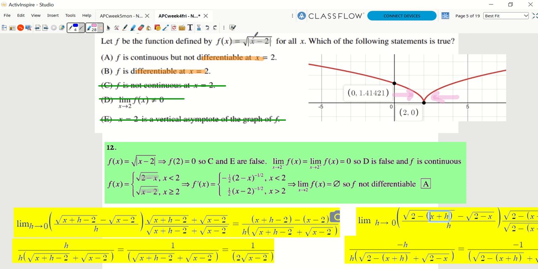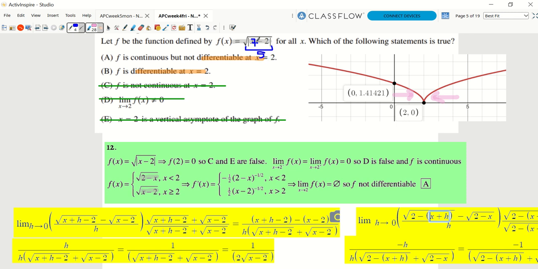Let's say I pick 6 here. 6 minus 2 is 4. Absolute value of 4 is 4, which is the same thing as doing a clean 6 minus 2 without an absolute value. Same thing with 7. If I pick 7, 7 minus 2 is 5. Absolute value of 5 is 5, which is the same thing as doing 7 minus 2 without the absolute value.